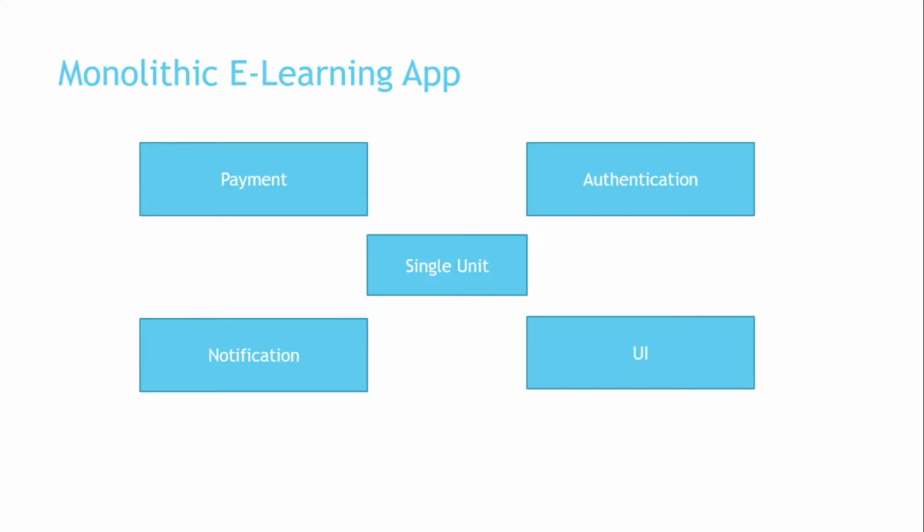Suppose these are the functionalities in your e-learning application, and all these functionalities are tightly coupled, which means they are interdependent. So if you want to make a change to payment, the authentication, UI, and notification will also be affected, and you have to create and redeploy the app once again. So this is the drawback. All these are connected with each other.